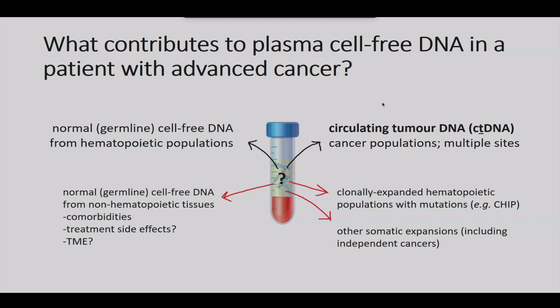You've also got clonally expanded white blood cell populations, so essentially hematopoietic expansions of indeterminate potential, and potentially you also have other subclinical cancers in there. So whenever you're designing approaches to interrogate ctDNA, you have to be aware of all these other things in there and make sure that your experimental approach controls for them.